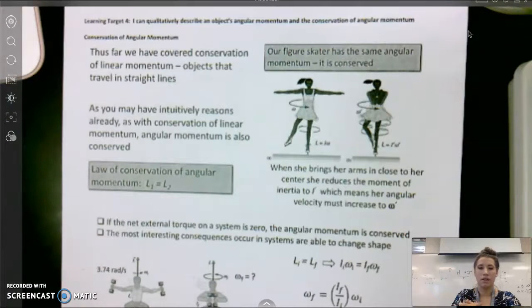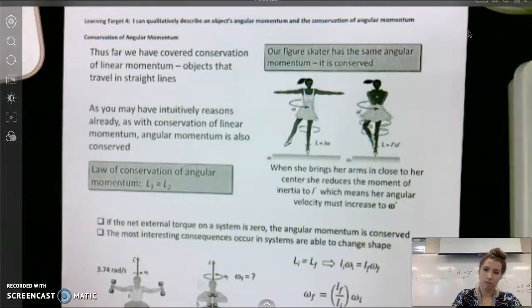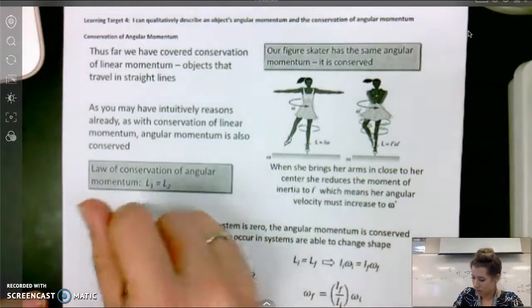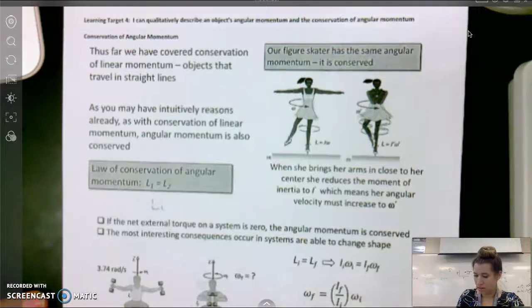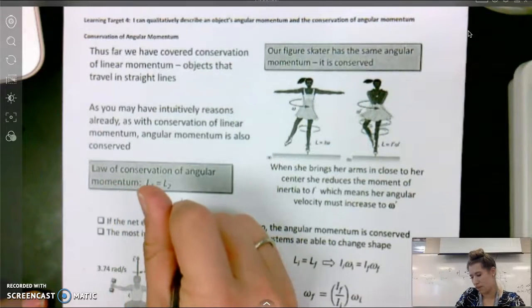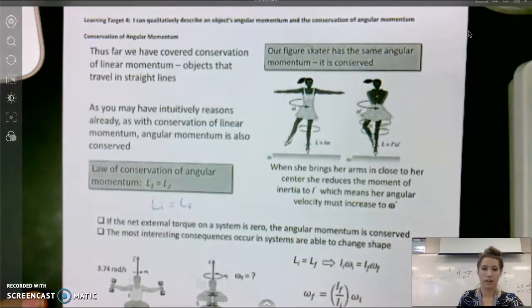And so we, again, in a similar situation, whatever angular momentum we start with, whatever our angular momentum initial is, within a closed system, it has to be the same for the final.